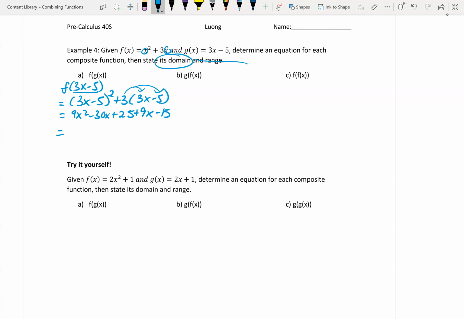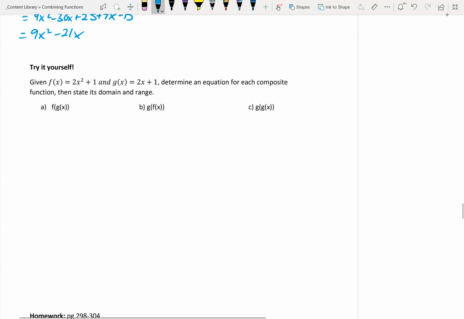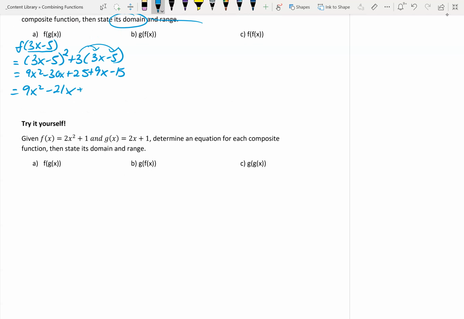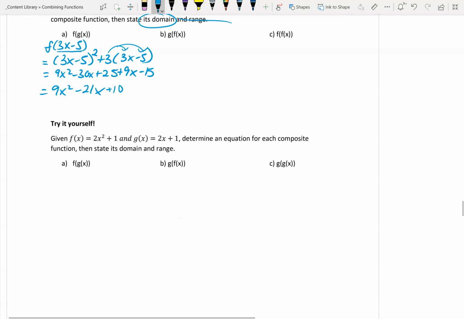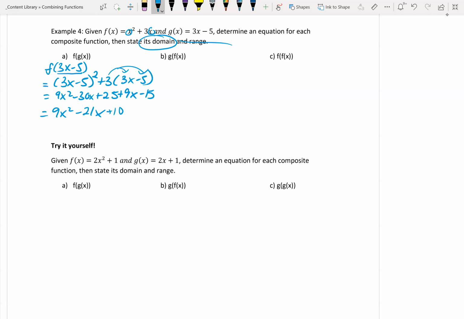Now I'm going to simplify. Negative 30x plus 9x is negative 21x, and 25 minus 15 is 10. And that's our final function for f of g of x. Our domain, this is a quadratic, so that's from negative infinity to positive infinity for our domain.